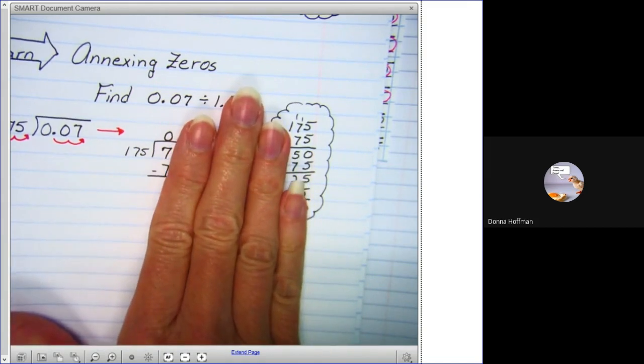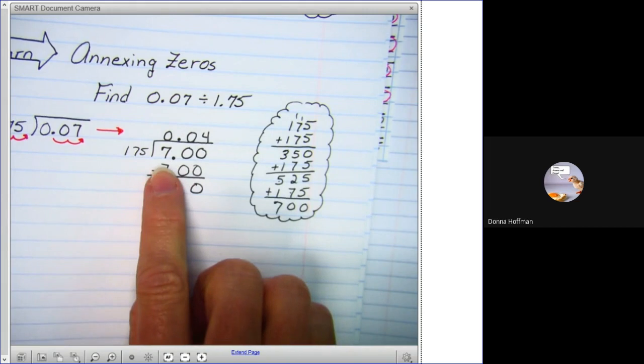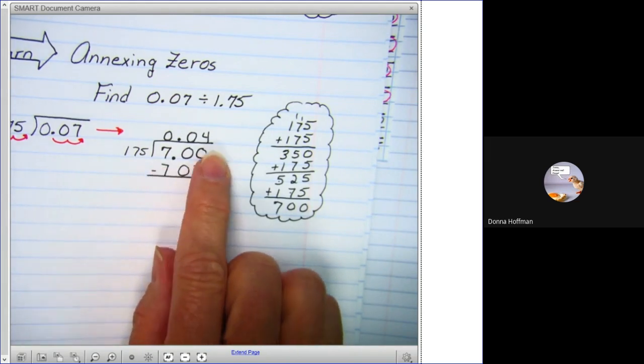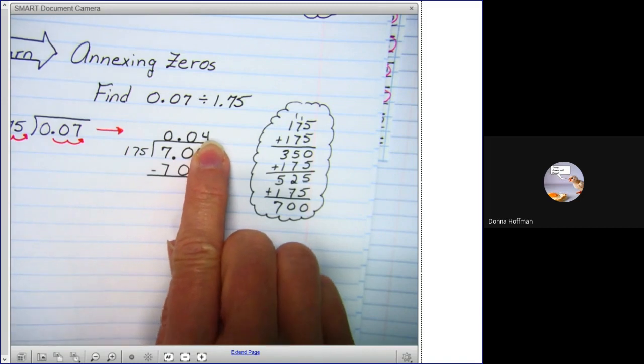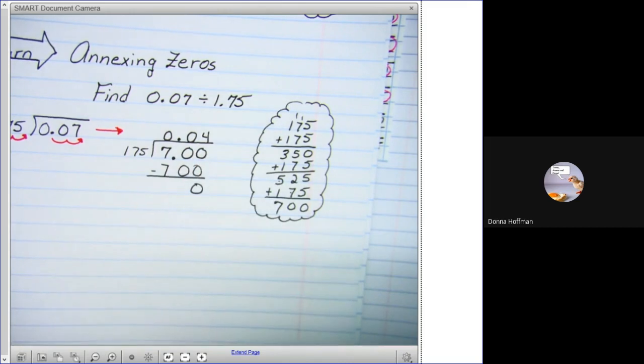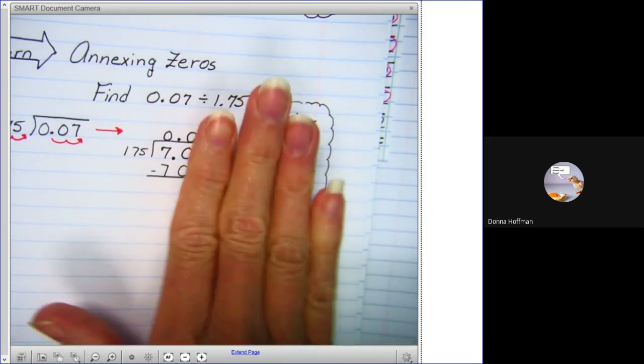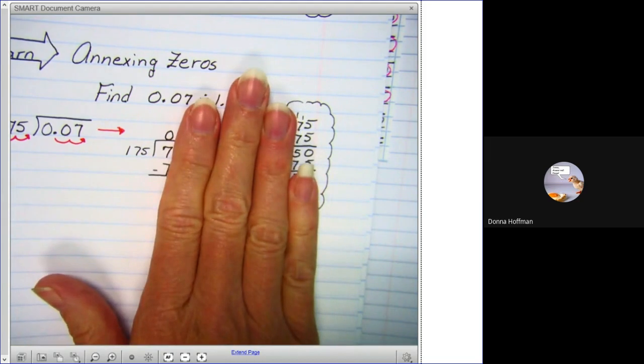But I can't do that. So I had to annex 2 zeros after the decimal point to make it 700. Now, if I had only put just 1 zero, I still wouldn't have been able to take 175 from 70. That's how I knew I had to annex 2 zeros. So then I started the process all over again. How many sets of 175 can I take from the 7? It was 0.